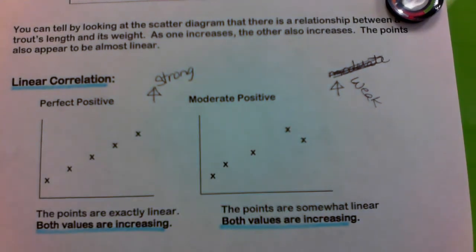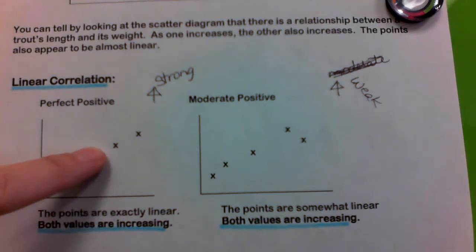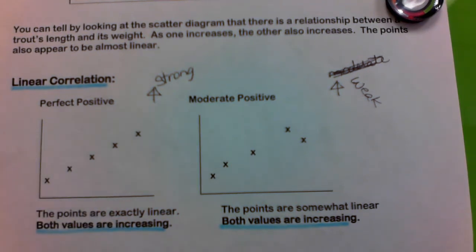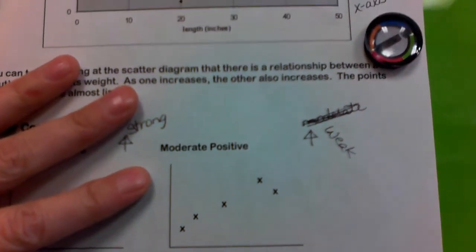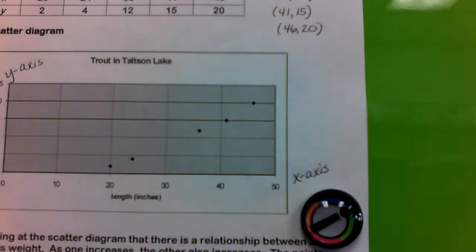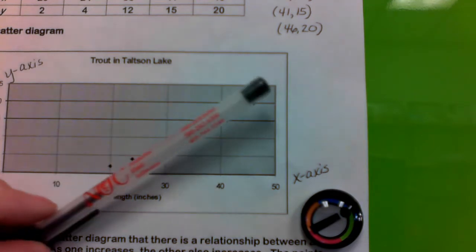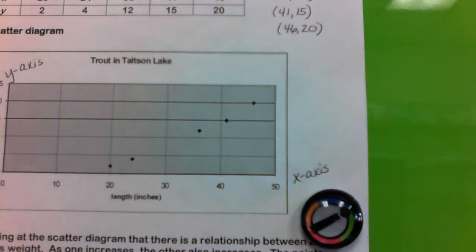Now, one thing that you need to notice is that when we have positive correlation, both values, meaning the x value and the y value, are both increasing. So as x increases, y increases as well. If you look at our scatter diagram, it is going upward, so that tells us it has a positive correlation.